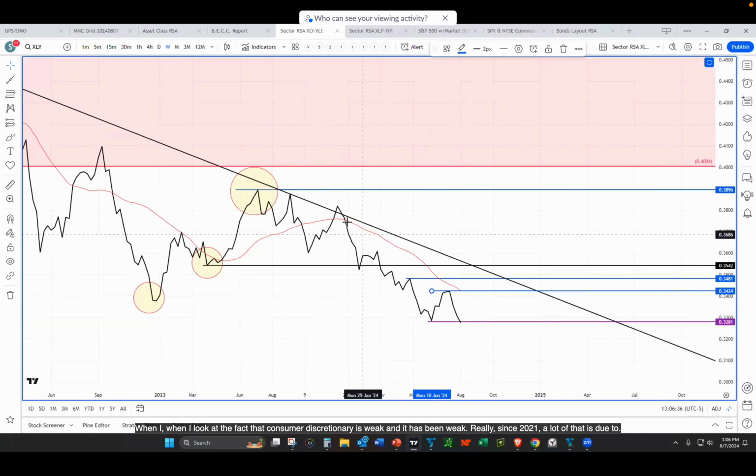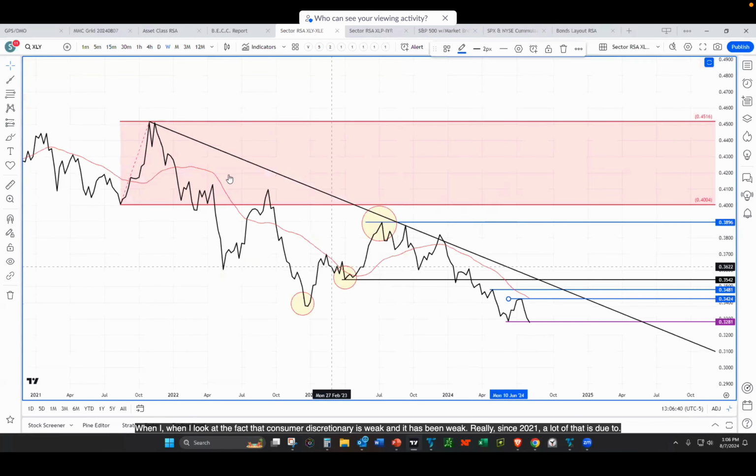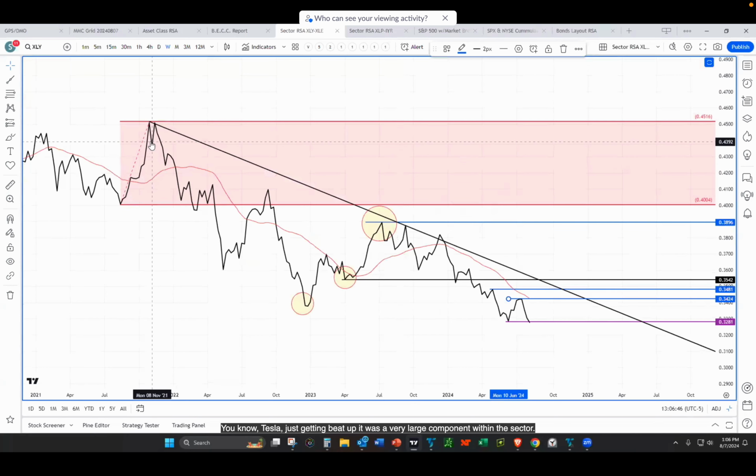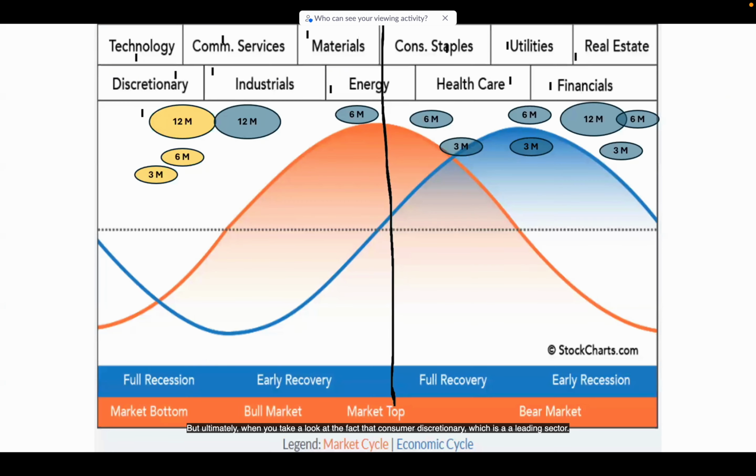So when I look at the fact that consumer discretionary is weak, and it has been weak really since 2021, a lot of that is due to Tesla just getting beat up. It was a very large component within the sector. But ultimately, consumer discretionary, which is a leading sector, if I see that it is in a downtrend, then we're probably not in that market bottom, right?